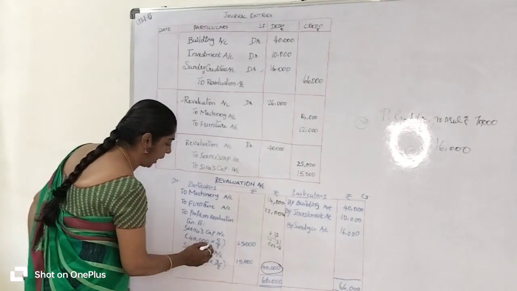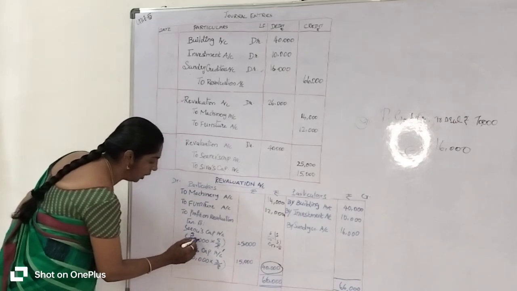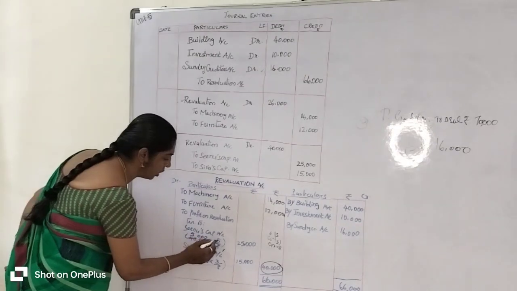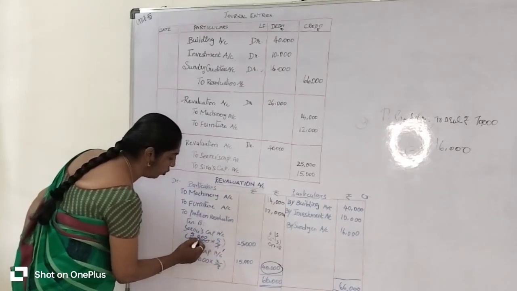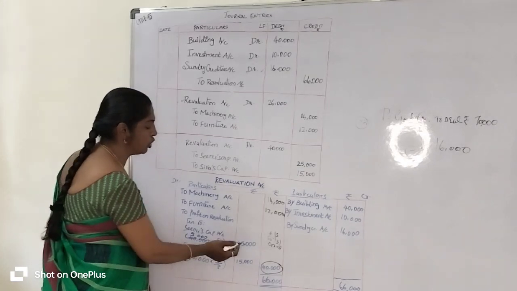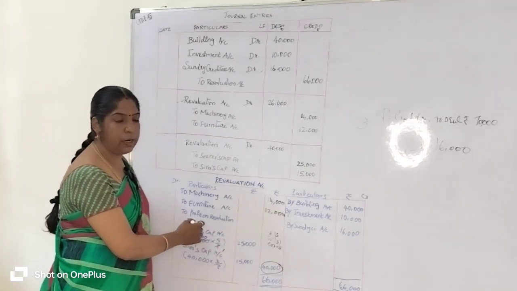Now we are going to cancel it. 1 8 is 8, 5 8s are 40, 3 zeros are to be added here. So 5,000. 5,000 into 5: 5 5s are 25, 3 zeros are to be added here. So 25,000. We transfer that 25,000 profit to Sinu's capital account.